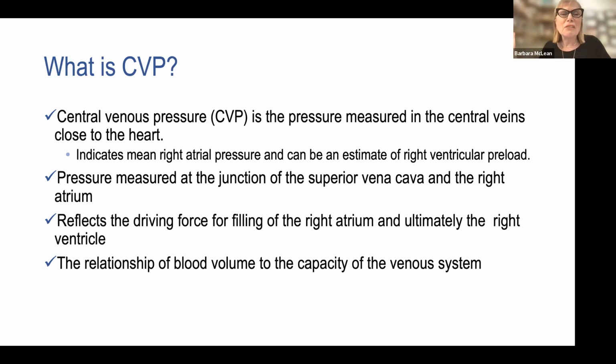Lots of things happen to our patients that make the right ventricle relatively non-compliant. If we are only trying to apply CVP as a volume measure, we are doing our patient a terrible disservice. Whenever you measure pressure, it is about volume and compliance.